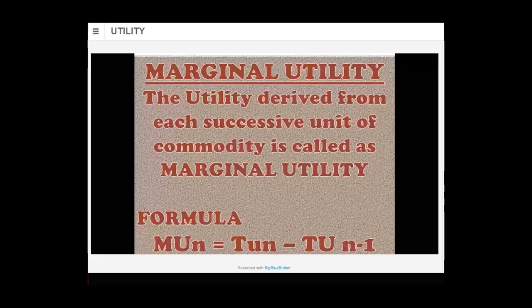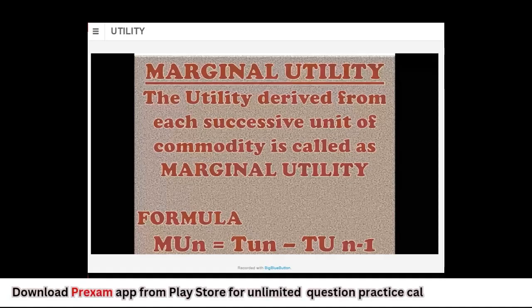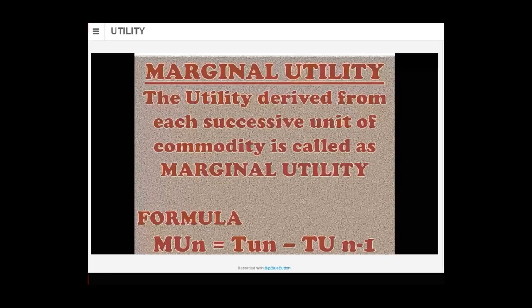That is, marginal utility of nth unit is equal to total utility of nth unit minus total utility of n minus 1. मतलब अगर हम marginal utility of fifth unit निकाल रहे हैं तो I would say marginal utility of fifth unit is equal to total utility of fifth unit minus total utility of fourth unit. Then we can get marginal utility.